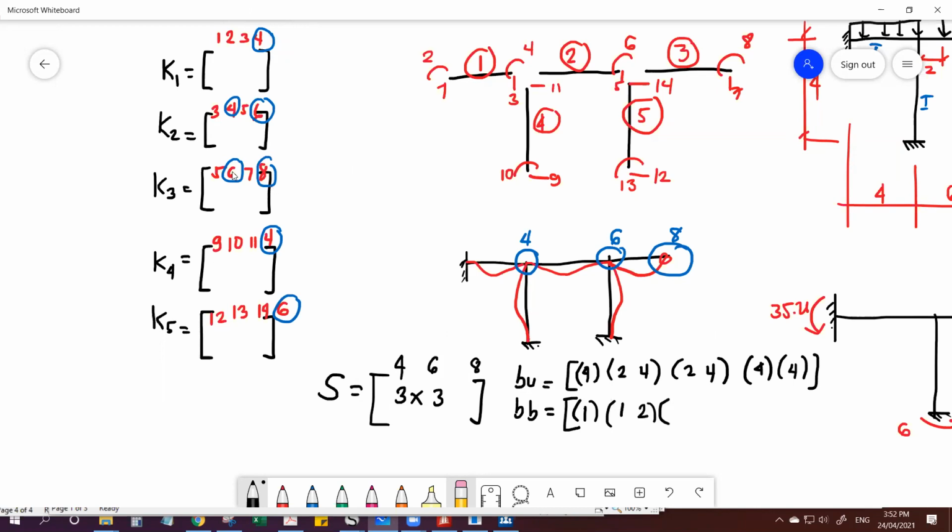Location of 6 and 8 in our S, second and third. Location of 4 here in our S is on the first. And last, the 6 here is on the second. I wish this has no mistakes.